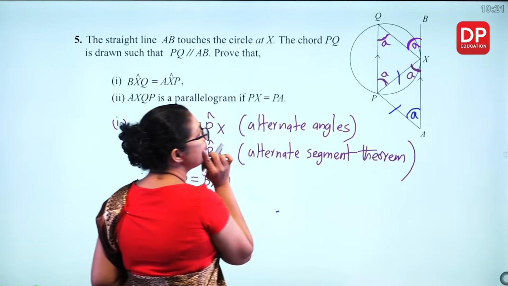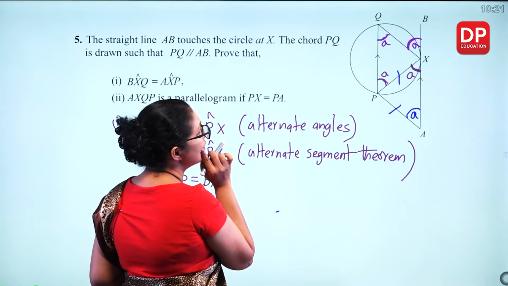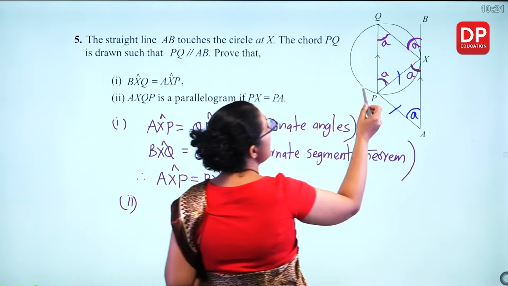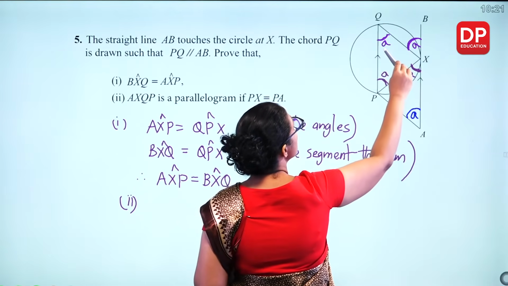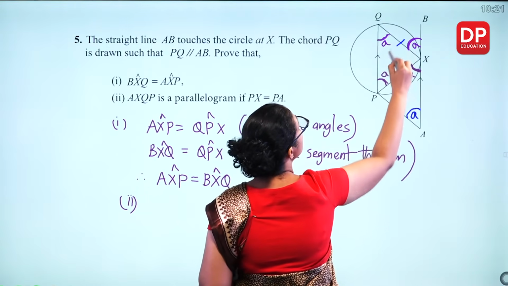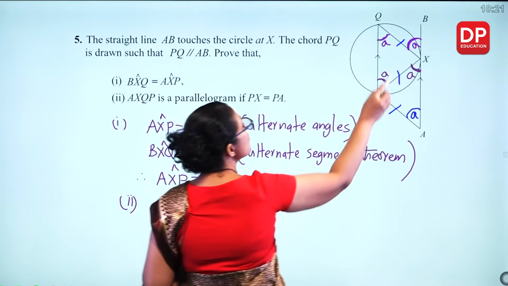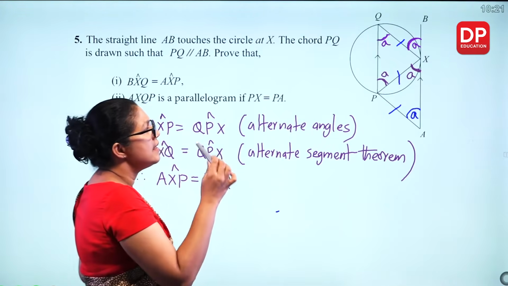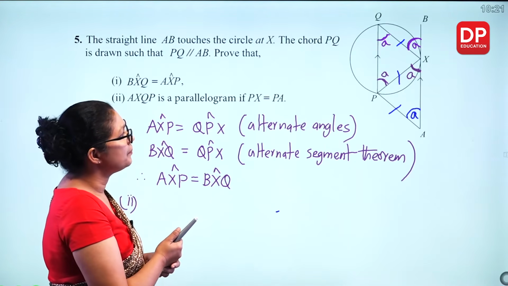And also, what is this angle? We know that these two lines are parallel and these two are equal. Here these angles are equal, so this length also equal. If we can show that these two lines are parallel, then that's a parallelogram.